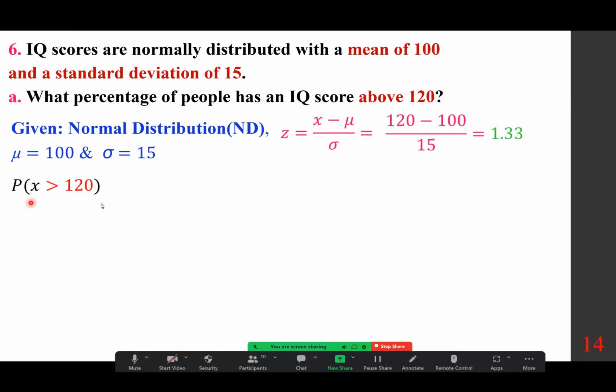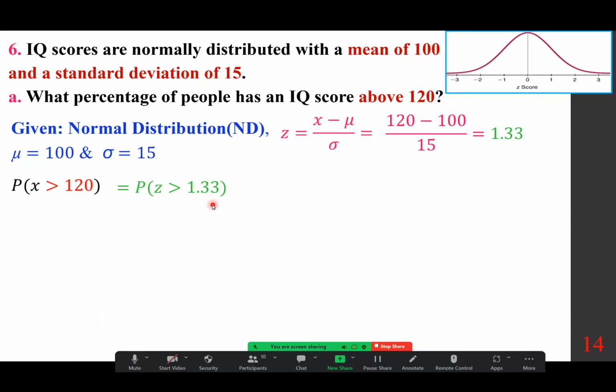So on the standard normal distribution graph, we want z to be larger than 1.33, somewhere there. So we want this area. So clearly it is less than 0.5.